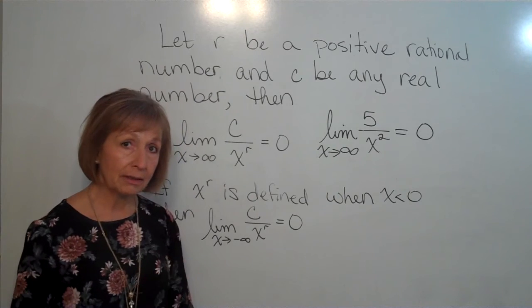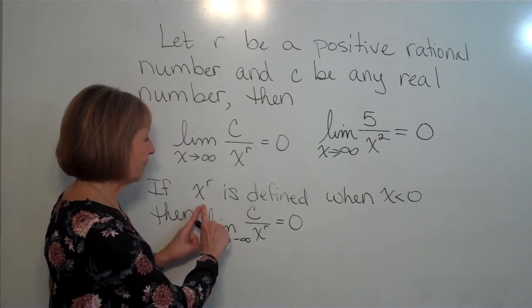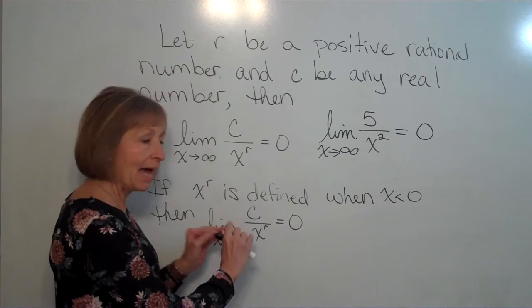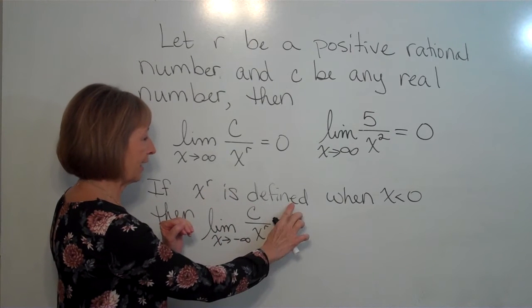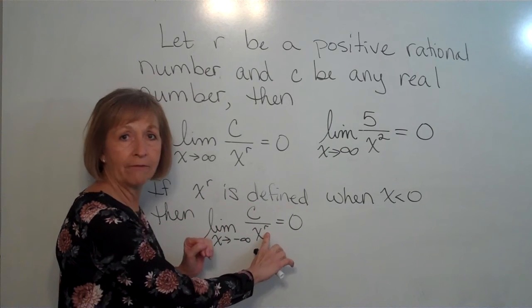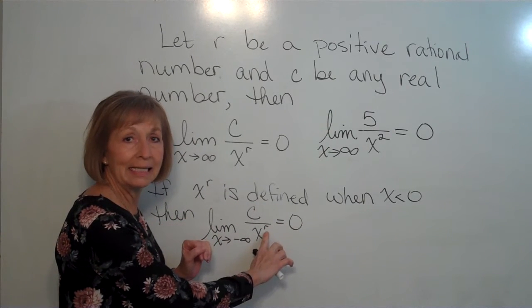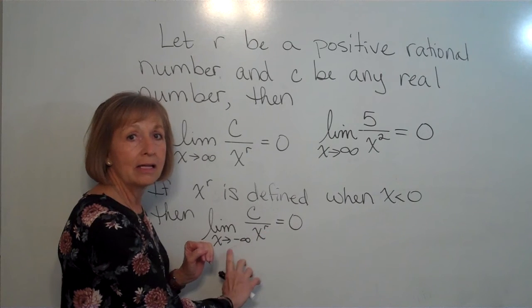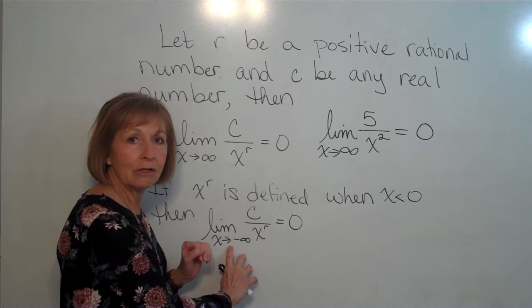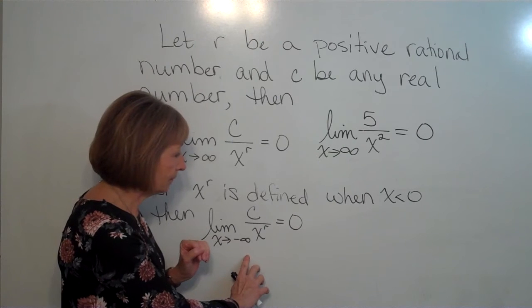So I have to put a little bit of a disclaimer in here that x to the r is defined. So I have to be careful not to have a fractional exponent with an even denominator if I'm going for my x's off to negative infinity.